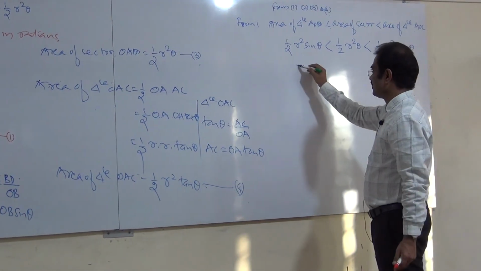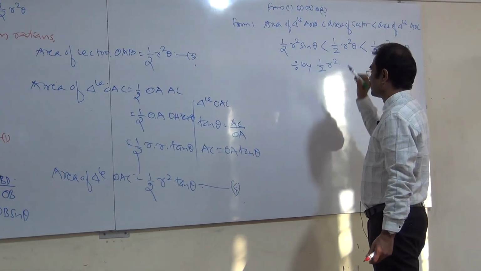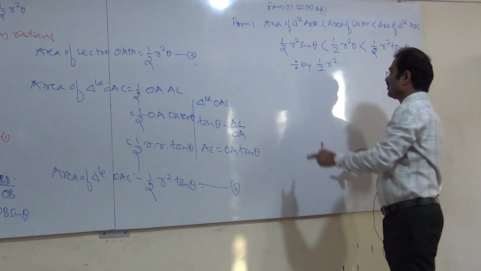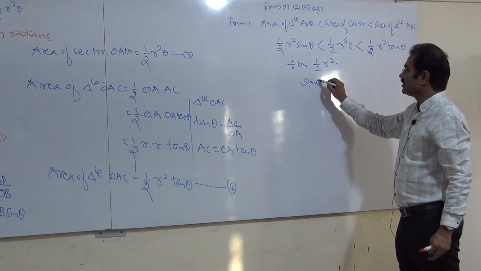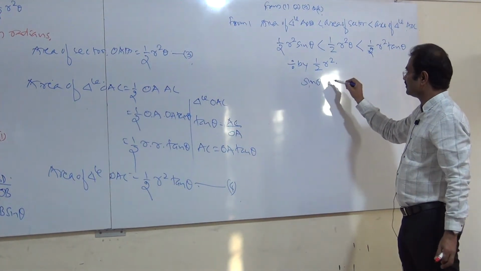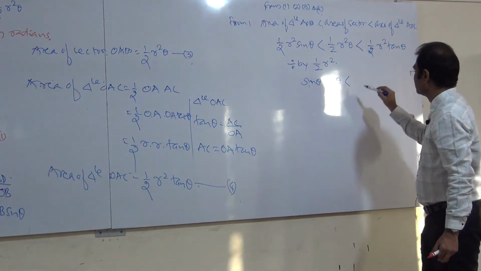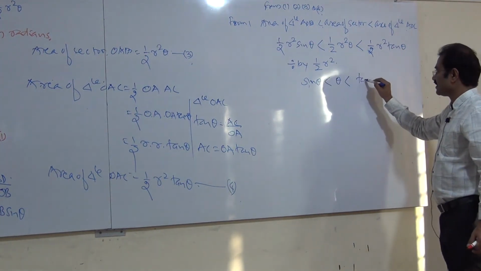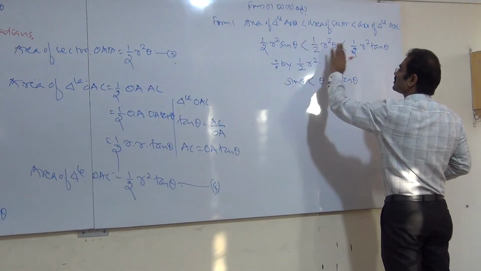Now I do one thing: divide every term by 1 by 2 R square. Then sin theta is less than theta, which is less than tan theta.